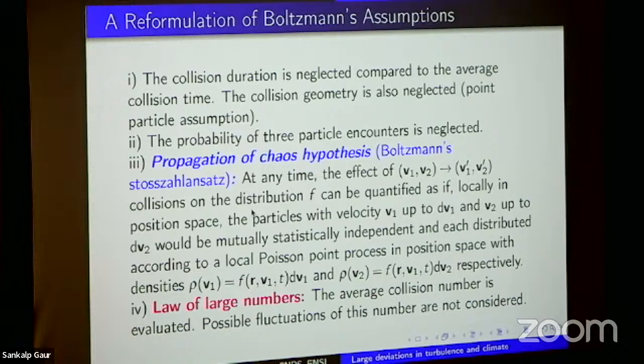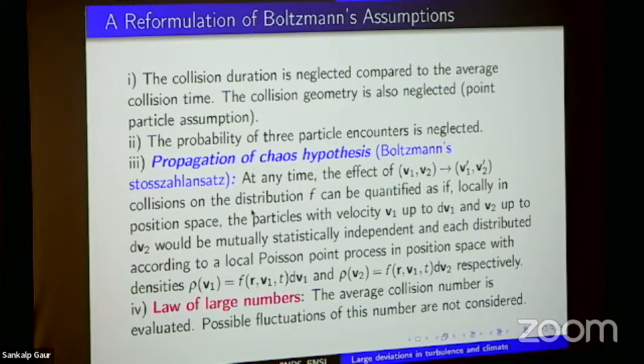The probability of free particle encounters is neglected. You neglect the fact that you can have three particles at the same point, at the same time. There is something which is called the Stosszahlansatz, which is sometimes also called propagation of chaos. It's related to what is called the hypothesis of propagation of chaos.